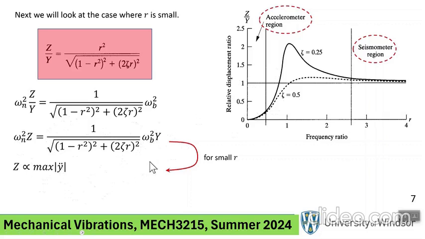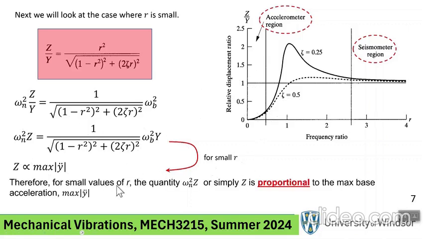Now, notice that for small values of R, this thing is almost the same as that through that proportionality factor.